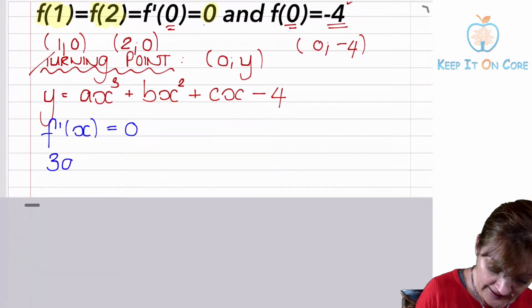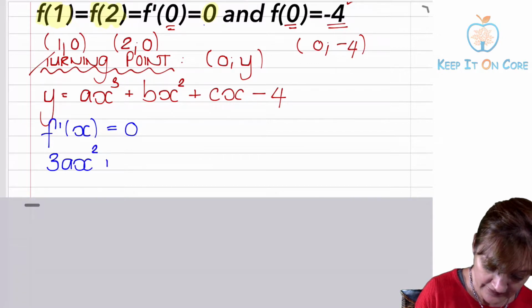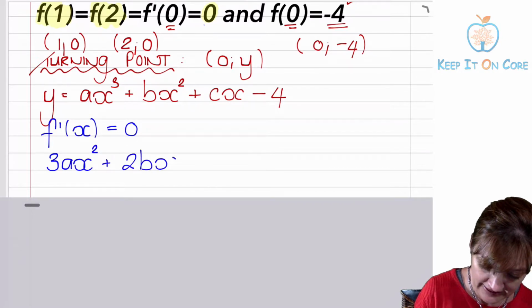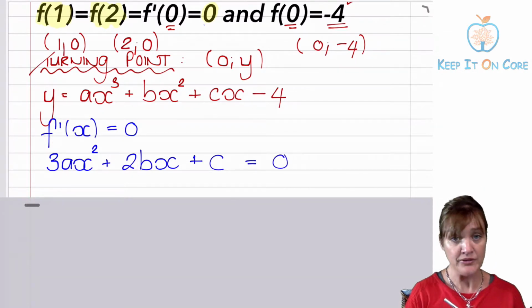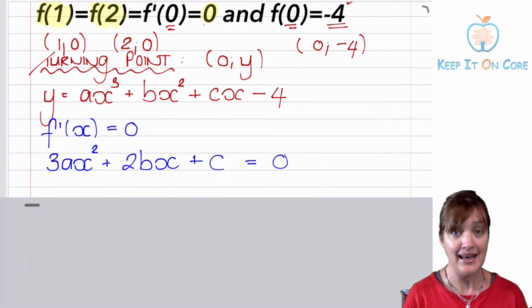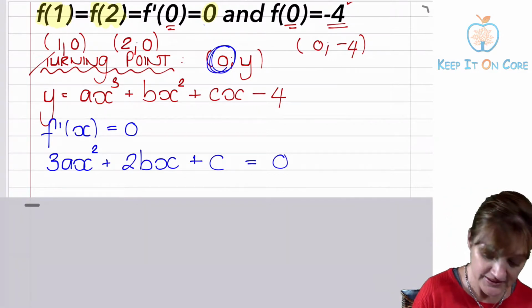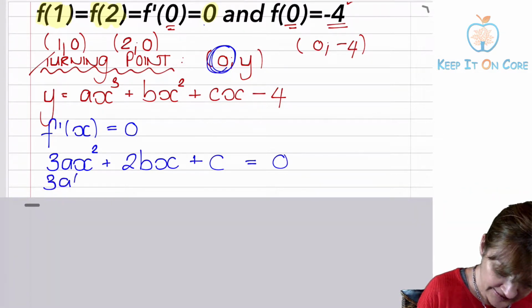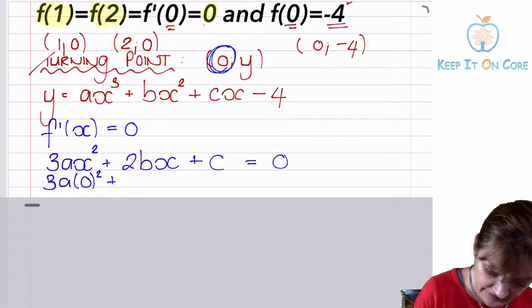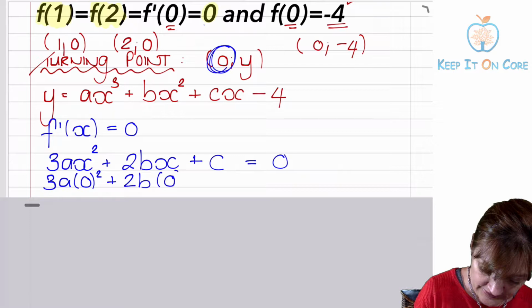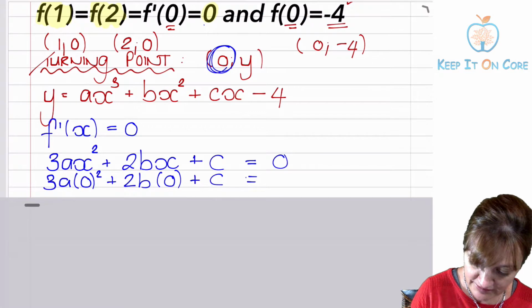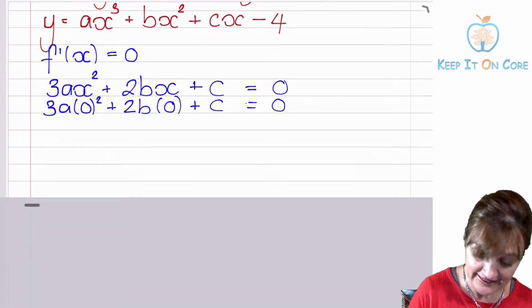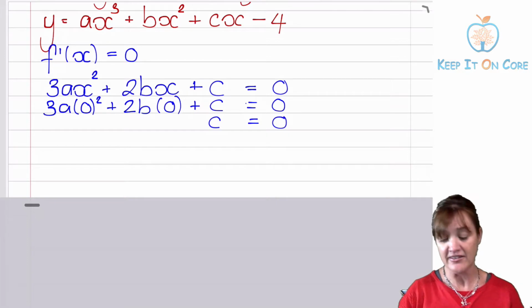We have 3ax squared plus 2bx plus c, and we're making it equal to 0. What is the x coordinate at the turning point? It was 0, so I'm going to substitute 0 into these x's, and that leaves me with c. Pretty much that boils down to the fact that c equals 0. Everything else lands up being 0, so that's it.